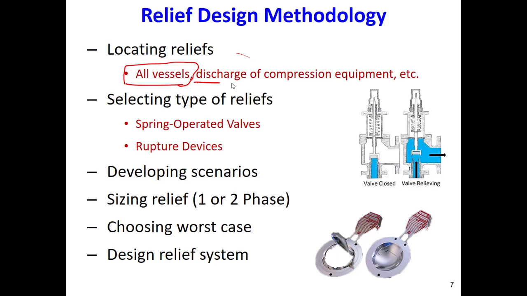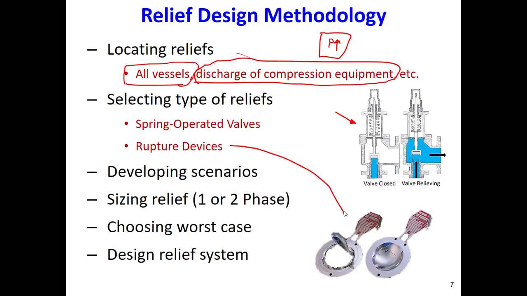The discharge of compressors, which usually feeds a high-pressure storage tank, should also have such a device. Depending on the application, we can use pressure relief valves like this one, or we can also have rupture devices.